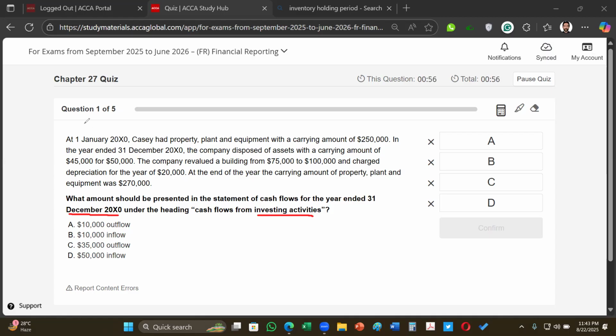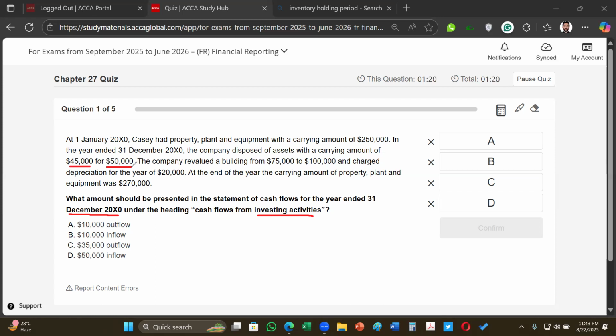At 1st of January 2020, KC had property, plant, and equipment with a carrying amount of 250,000. In the year ended 31st of December 2020, the company disposed of the asset with a carrying amount of 45,000 for 50,000.